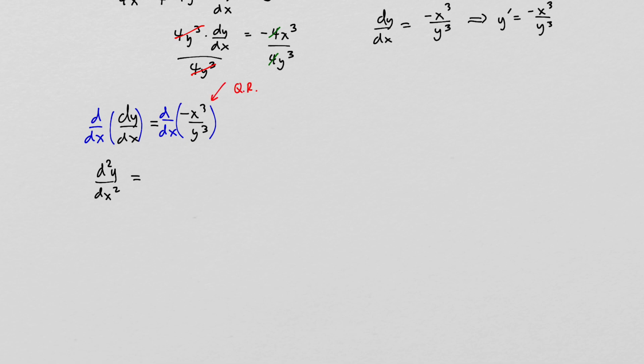So the quotient rule states you take the bottom function multiplied by the derivative of the top function minus the top function multiplied by the derivative of the bottom function. Now, of course, the derivative of y cubed is 3y squared and then times dy dx.